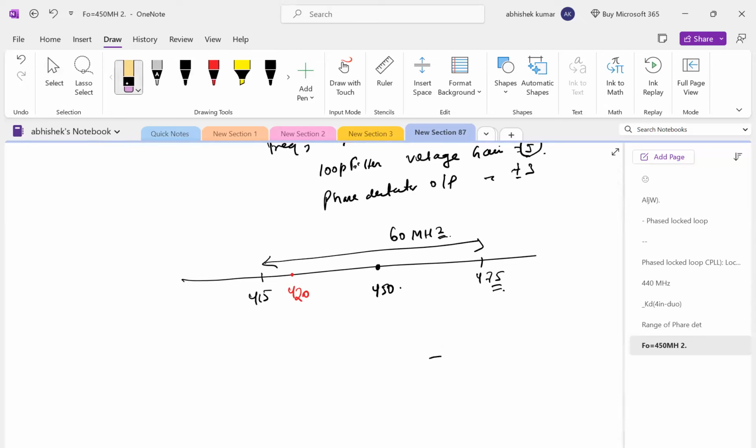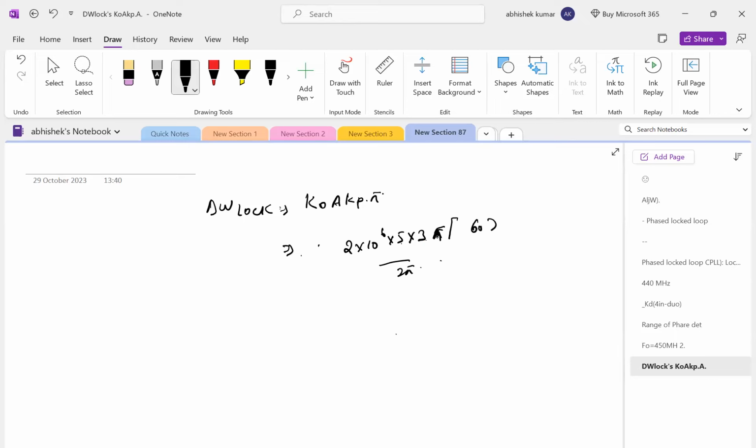This 30 megahertz into pi divided by 2 pi, and that will give you, that is 60. If you calculate it, 2 into 5 into 3 into 60 divided by 2 pi, that is 900 megahertz. 5 into 3, that is 15 pi.